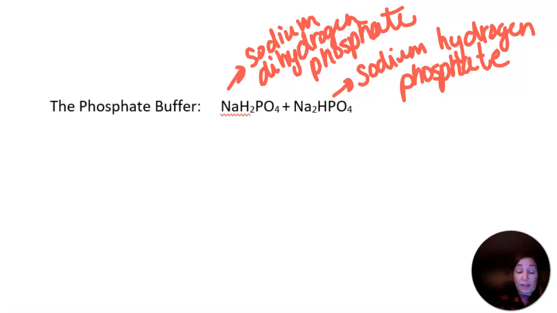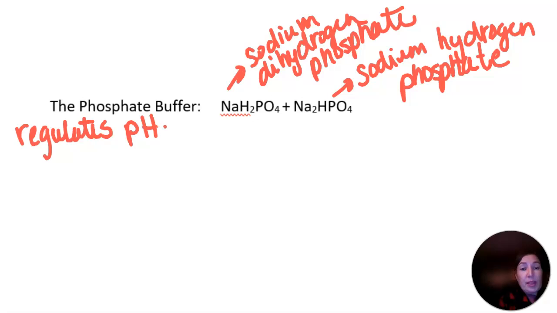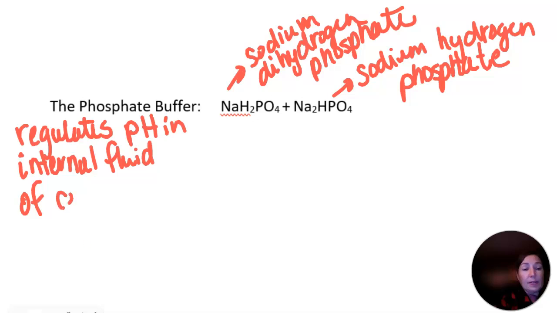So this buffer is really important. This buffer really regulates pH in the internal fluid of cells. So it's really critical that they maintain pretty consistent pH. In this case, the sodium dihydrogen phosphate has an extra proton to donate.